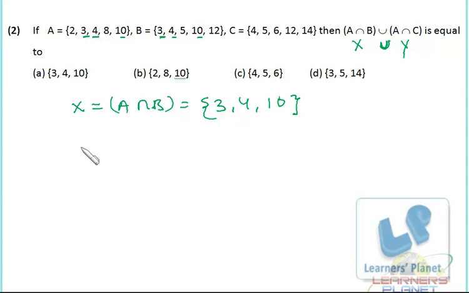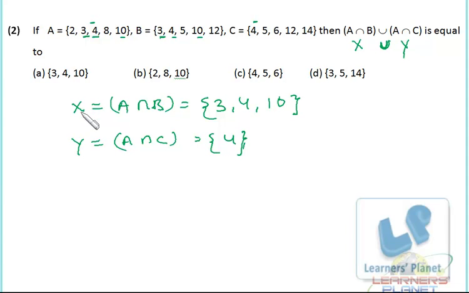Similarly, we calculate A intersection C, that is Y. So we can see 4 and 4, I write 4. Then we have 4, 5, 6, 12, 14 and 2, 3, 4, 8, 10. So we just have 4 as common between A and C. So A intersection C will be just one element, that is 4.